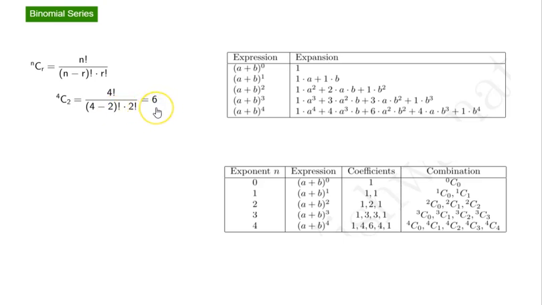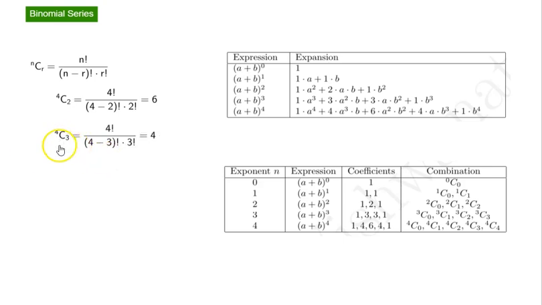Now let's see whether it is actually 6 or not. So the power is 4, so n is 4, and the third term, because we are starting from 0, so 0, 1, 2. So 6 is the coefficient.